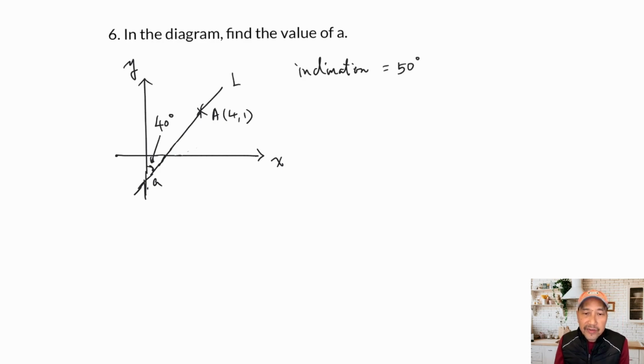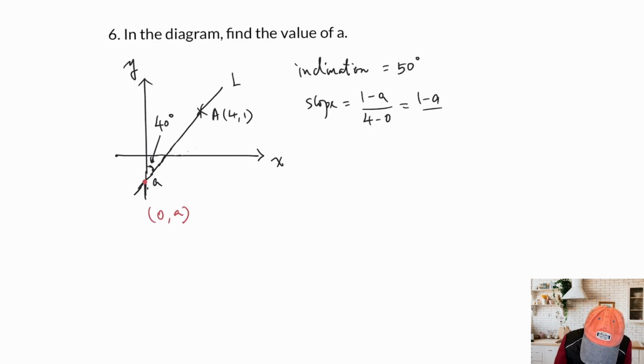Next we have a point (4, 1), and the y-intercept is a. Please note that the y-intercept actually has both an x coordinate and a y coordinate. The x coordinate is 0, the y coordinate is a. If we have 2 points (4, 1) and (0, a), we can use the formula to find the slope. The slope is equal to 1 minus a over 4 minus 0. That is 1 minus a over 4.